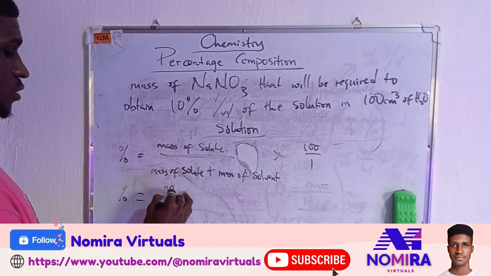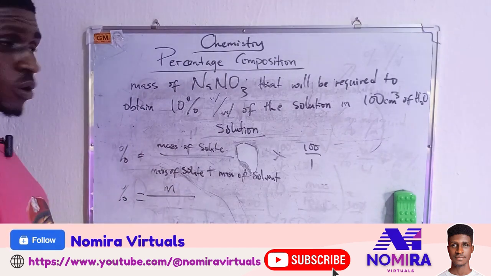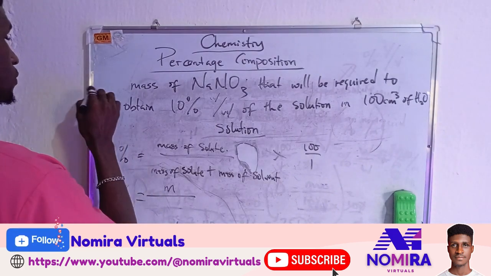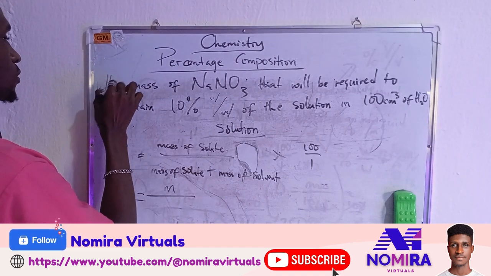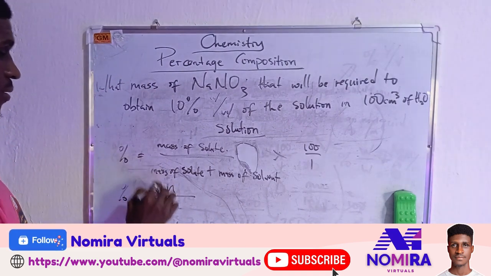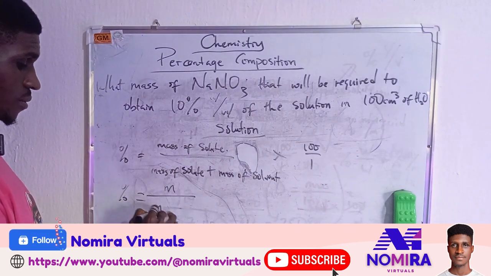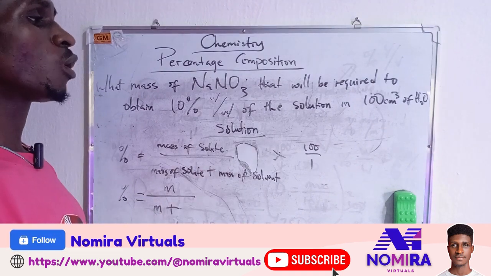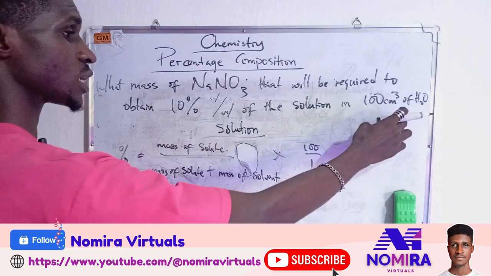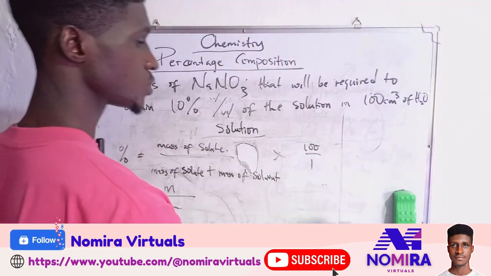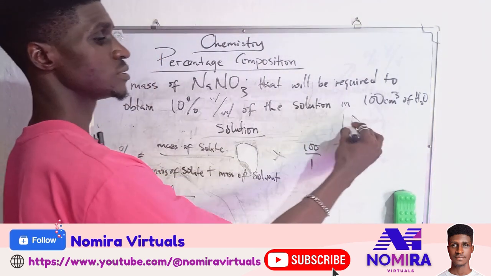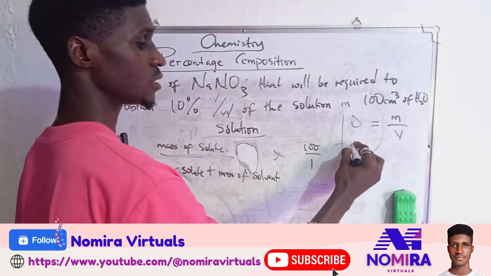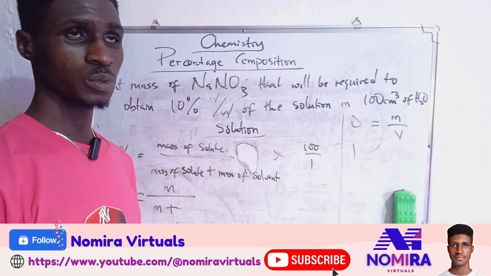Here the mass of the solute is not given. This is the one we are actually asked to find. Mass over the same mass plus what is the actual mass of water given here? Remember what I taught you, that density of water is 1 gram per cm cube.